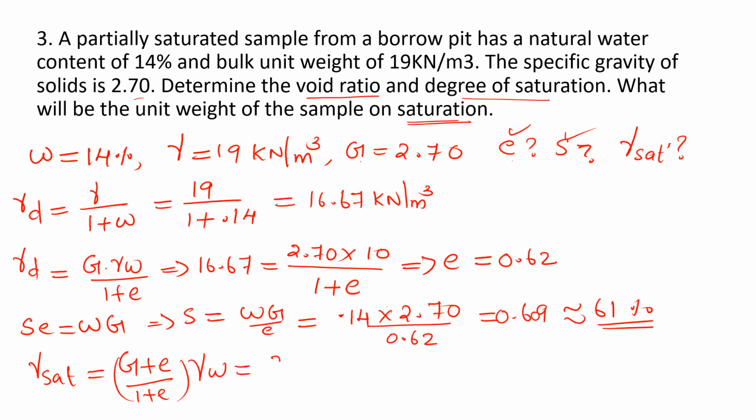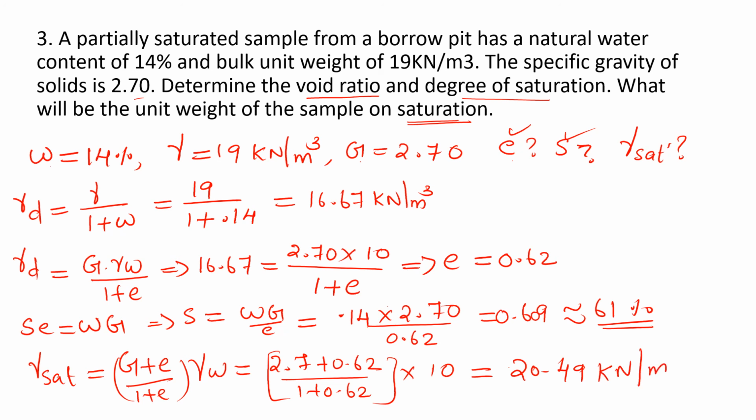We know all the values, just substitute it: 2.7 plus 0.62 divided by 1 plus 0.62, into 10. So finally you will get gamma saturated as 20.49 kilonewton per meter cube. Very simple problem.